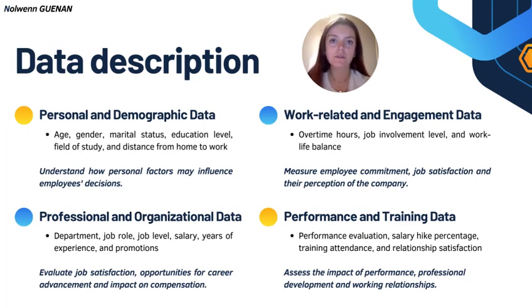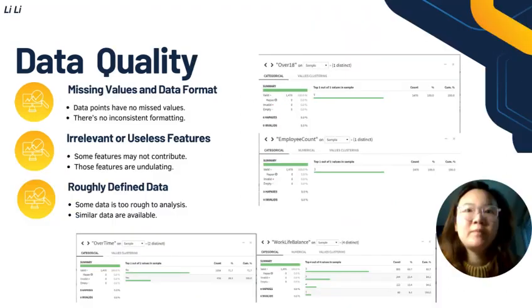Last, the performance and training data cover all the aspects of attendance, evaluation, and also relationship satisfaction to evaluate the impact of performance and professional development on retention. In conclusion, all the data used will allow us to better understand the factors contributing to employee attrition and also devise strategy to enhance retention.